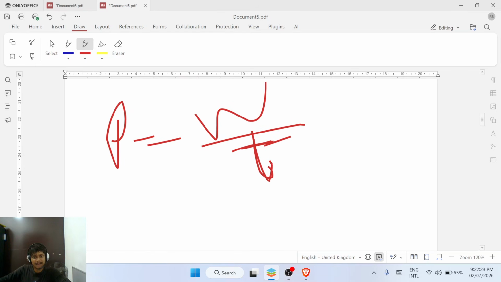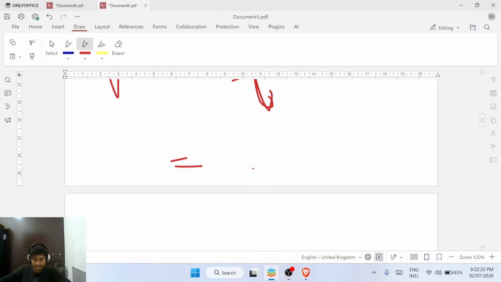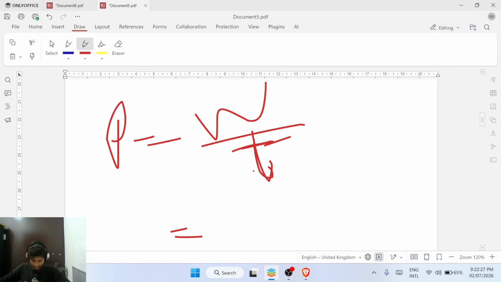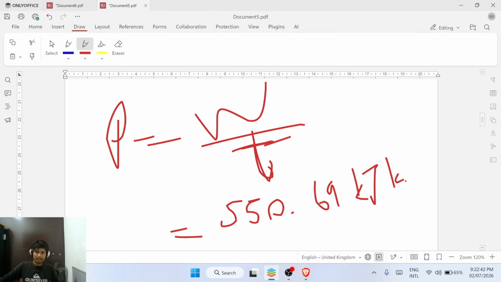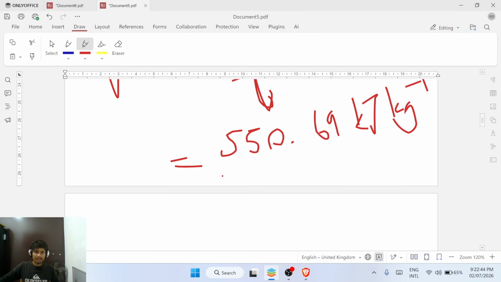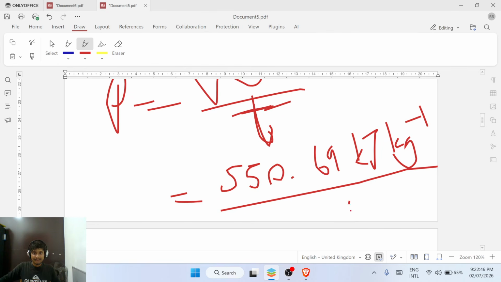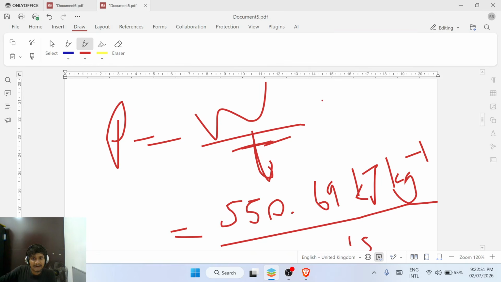What is the work done? Work done is 550.69 kilojoule per kilogram for 1 second. Now we already know power is joule per second.